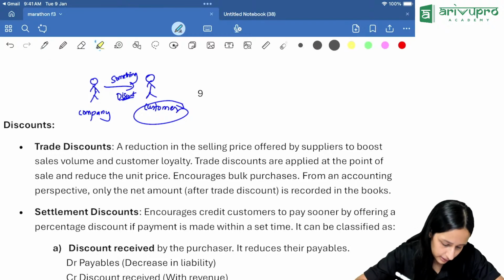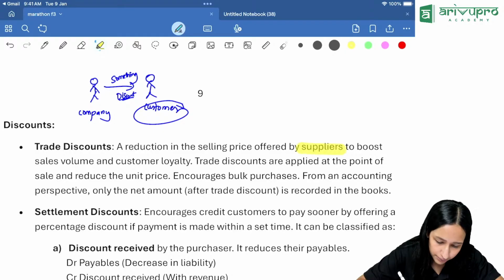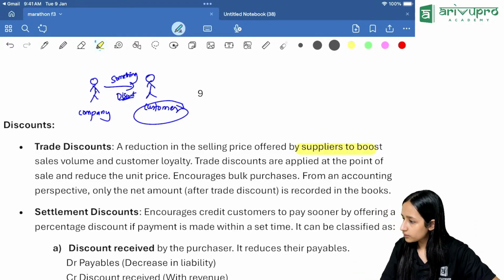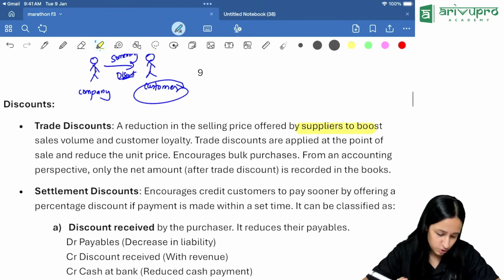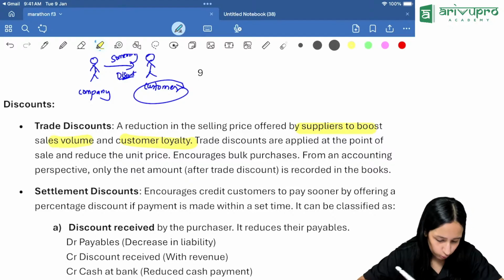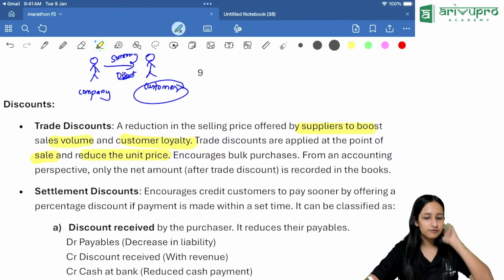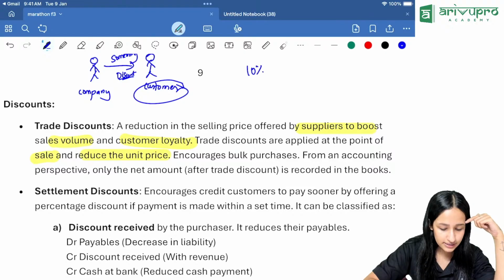Okay, let's read. A reduction in selling price offered by suppliers to boost sales volume and customer loyalty. Trade discounts are applied at the point of sale and reduce the unit price. So there is no extra adjustment for this. If they tell you, when I buy this, I will give you 10% discount, that's it.